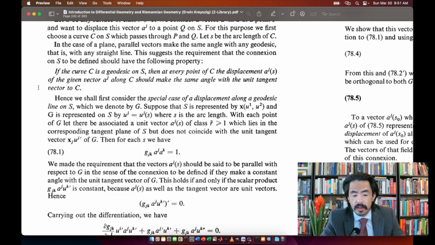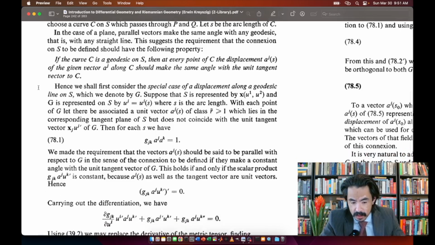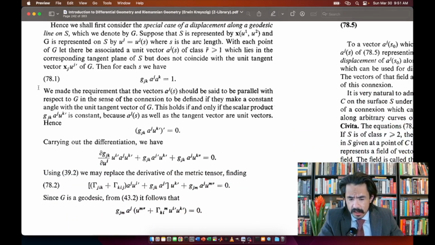With each point of capital G, let there be associated a unit vector A superscript j of lowercase s of class R tilde greater than or equal to 1, which lies in the corresponding tangent plane of capital S, but does not coincide with the unit tangent vector x sub j times u superscript j prime of capital G. Then for each lowercase s, we have g sub jk times a superscript j times a superscript k is equal to 1.